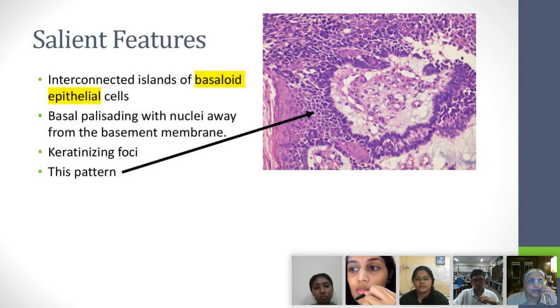Yes. And what do you see? Interconnected islands of basaloid epithelial cells, basal palisading with nuclei away from the basement membrane. There are keratinizing foci. And what is this pattern? Now we know it is an ameloblastoma. And what do you expect to see in an ameloblastoma? Islands. You ever heard the word stellate reticulum?